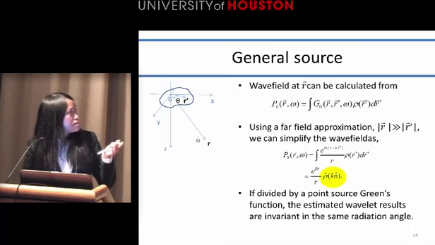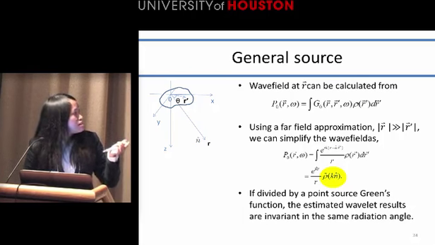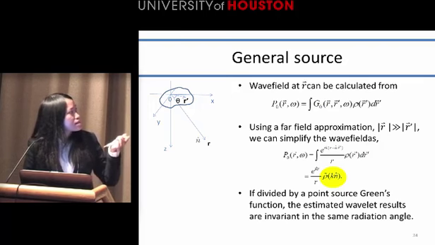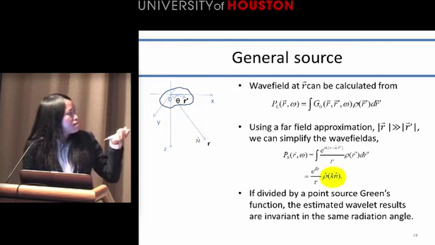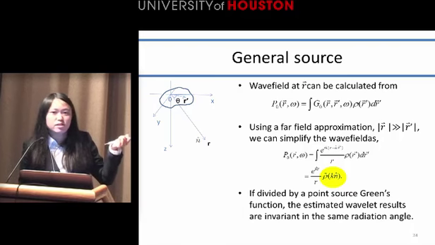Suppose this is an extended source at rho r, and if you observe the wave field at place r, where n hat means the unit vector in this direction, then if we use a far field approximation, the wave field at this point can be written as the point source Green's function times this rho, which is only a function of the direction of the observation point.